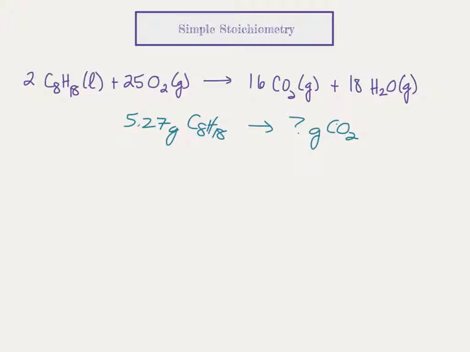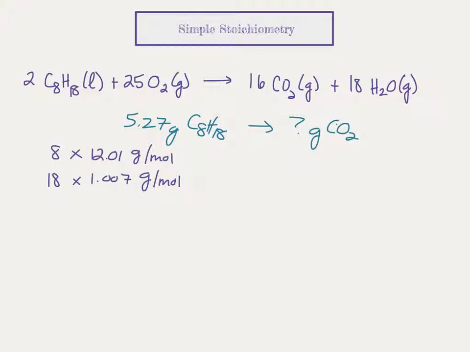For the octane, we have 8 carbons, and carbon has a molar mass of 12.01 grams per mole. And we have 18 hydrogens, which have a molar mass of 1.007 grams per mole.